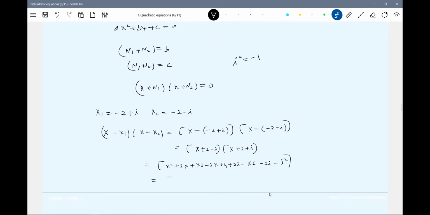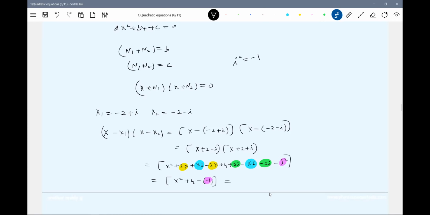So then this will become x square, 2x and 2x. The xi and minus xi get eliminated. Plus 2i minus 2i will also get eliminated. So we'll end up with x square plus 4, and i square value is minus 1. I am indicating all the things, analyze carefully.